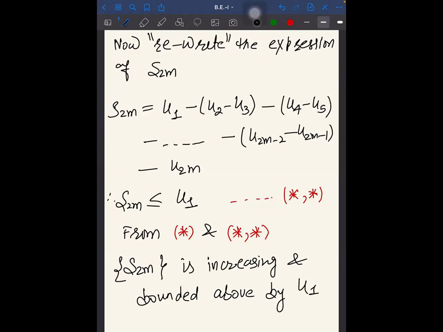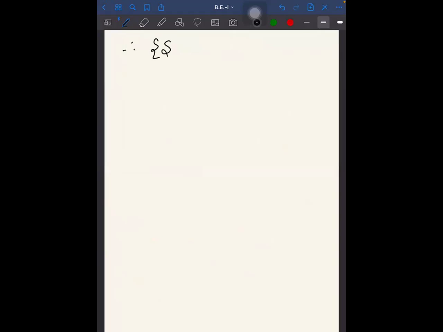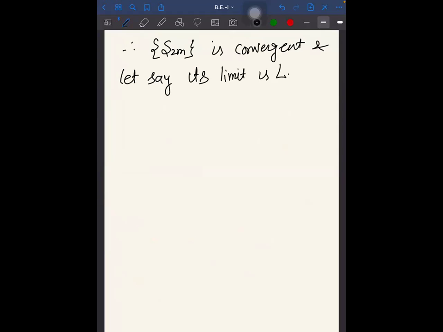If your sequence is increasing and it is bounded above by a number U1, then it has to be convergent. Therefore S2m is convergent, and let's say its limit is L. So the limit as m tends to infinity of S2m is equal to L.